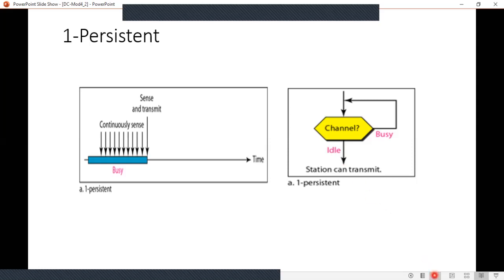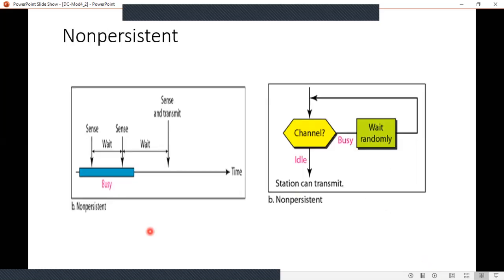Next we will see the second procedure, that is non-persistent. In this non-persistent method, the station will first sense the channel. Once it knows that the channel is busy, it will wait for a random amount of time, and then it will sense again.